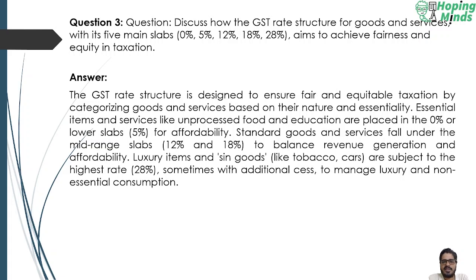Luxury items and sin goods like tobacco and luxurious cars are subject to the highest rate, that is 28%, sometimes with additional cess to manage luxury and non-essential consumption. In this way, different tax rates allow the accessibility of essential goods to all ranges of people.